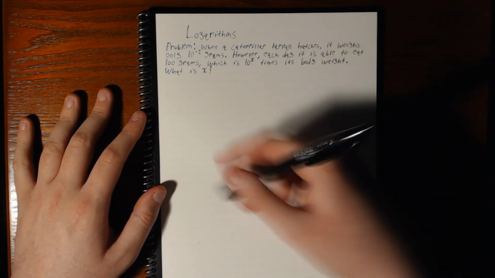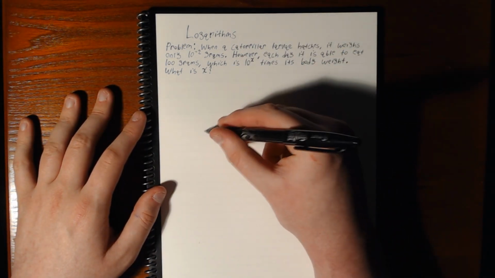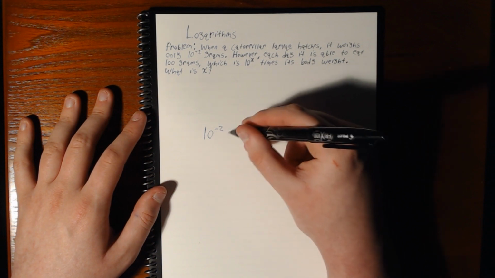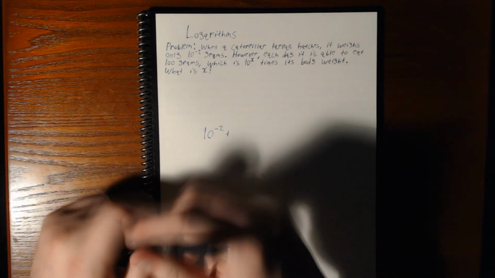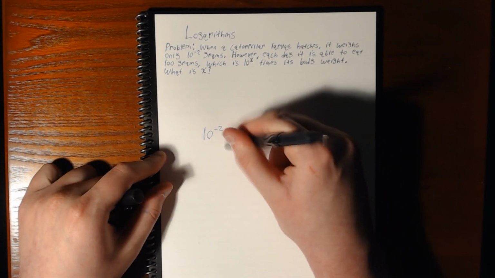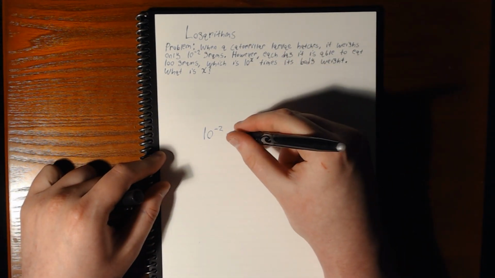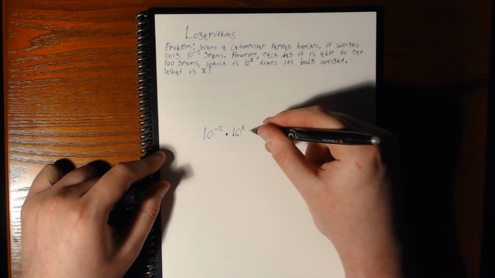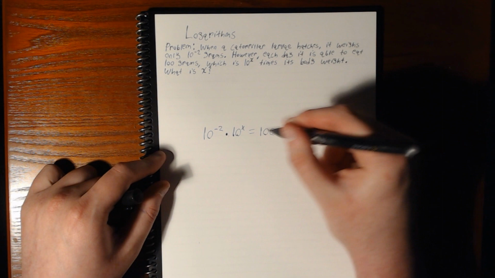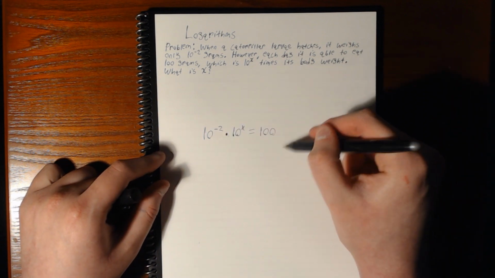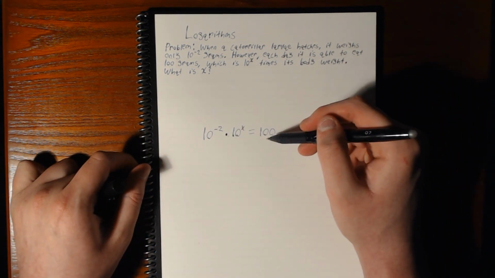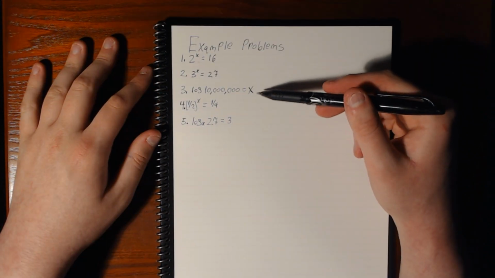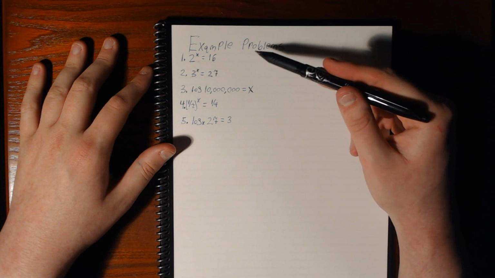If we use the same logic that we did in the last problem, it's going to look like this: 10 to the negative 2 power, that's not a plus, sorry, that's a multiply, times 10 to the x power equals 100. This is what we're going to come back to solve. There are a few problems that we're going to solve before this, but we will come back to it.